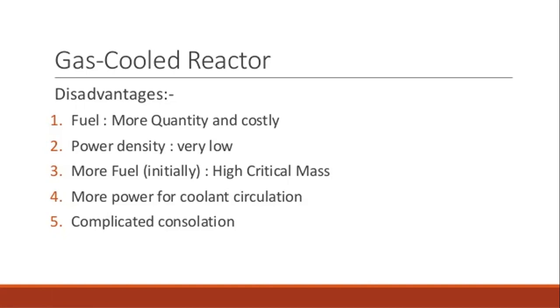More fuel is used, that is a high critical mass, and then more power is needed for coolant circulation. It can complicate the circulation.